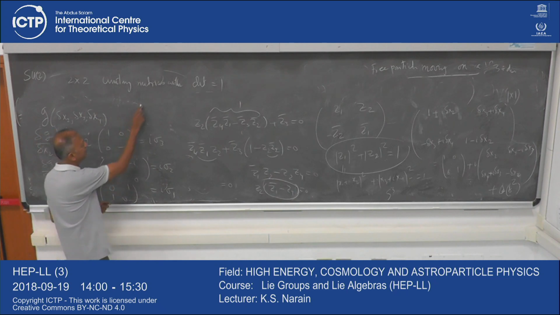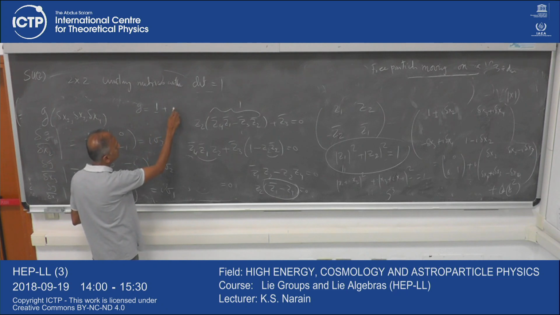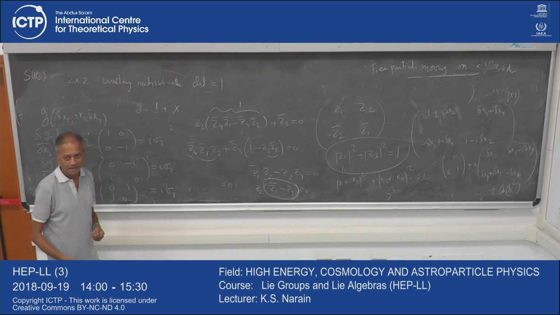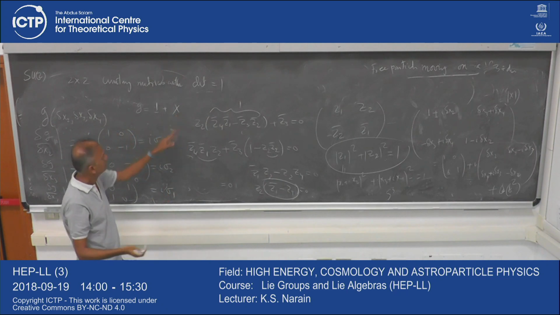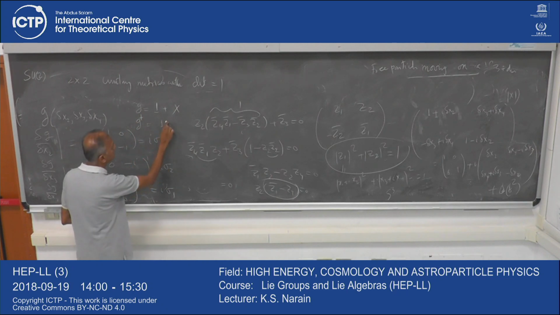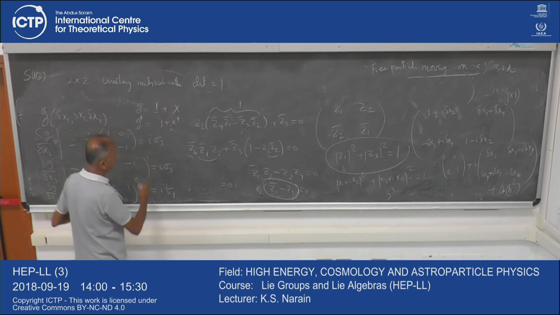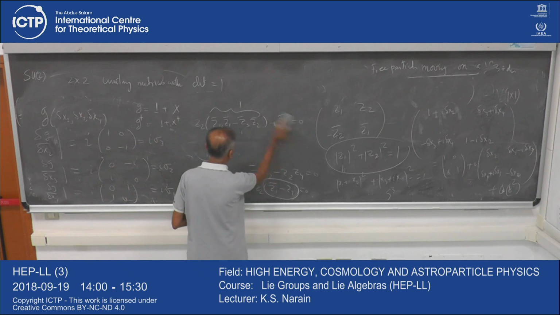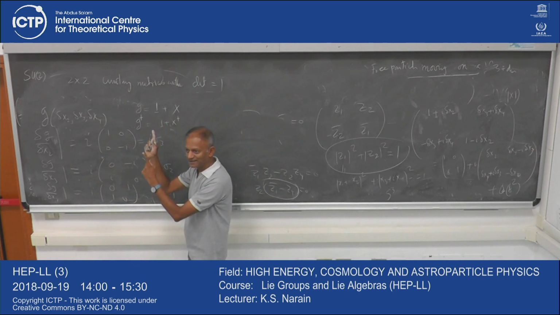So if I write G, after all, what we are writing is G equal to 1 plus some X, to first order. X is some matrix. Now if I take G dagger, the dagger of 1 is 1, but here you will get X dagger. Then if I take the product of these two, after all, G dagger G is supposed to be equal to 1, because G is unitary.